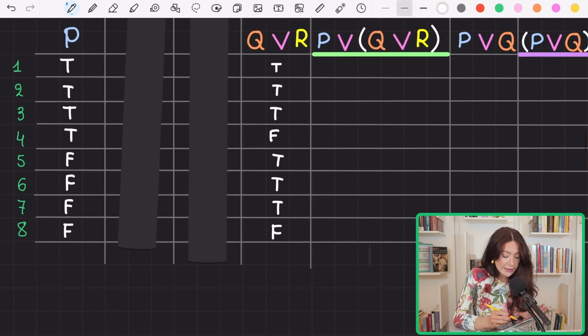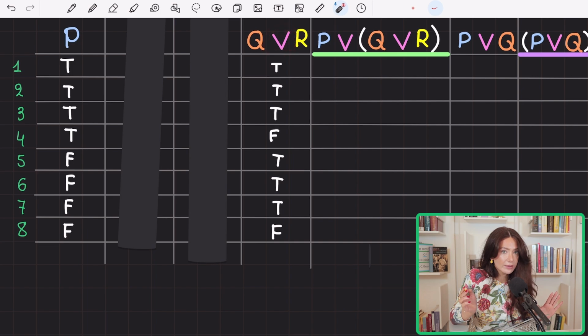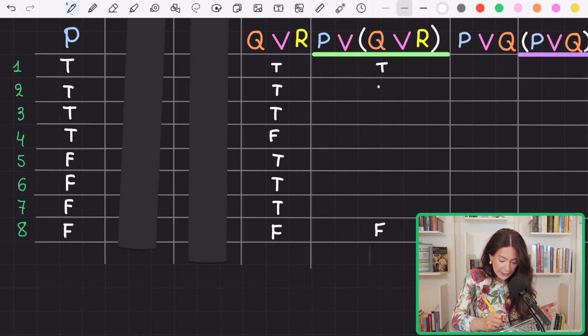So I know that I'm working with OR, working with disjunction. It's false only when both of the disjuncts are false. And it seems like that only happens here. So it is false here and everywhere else it is true.